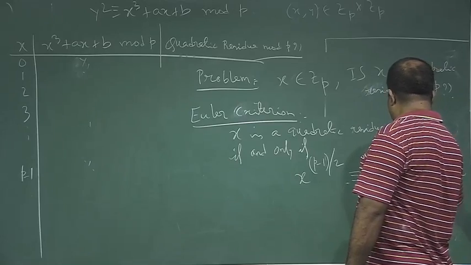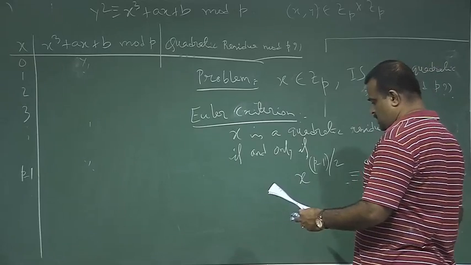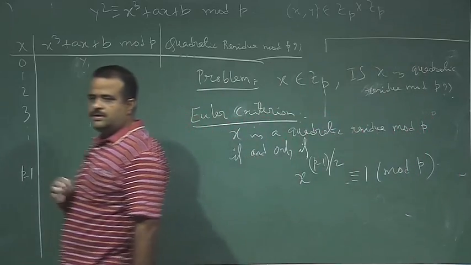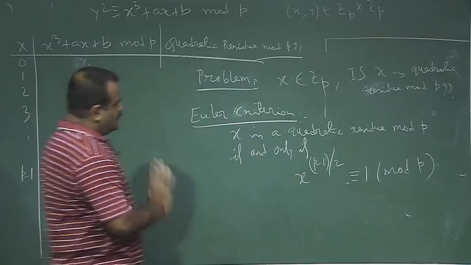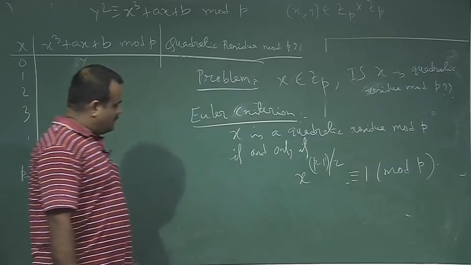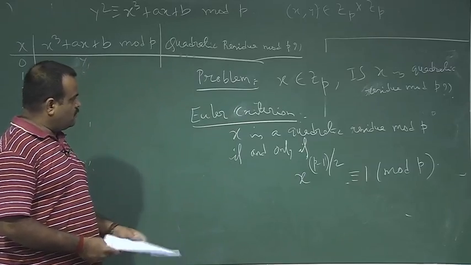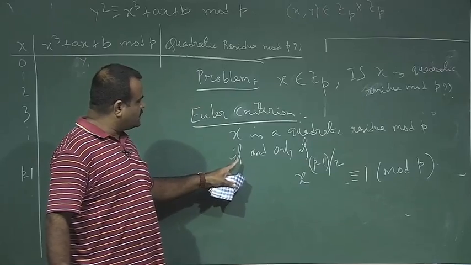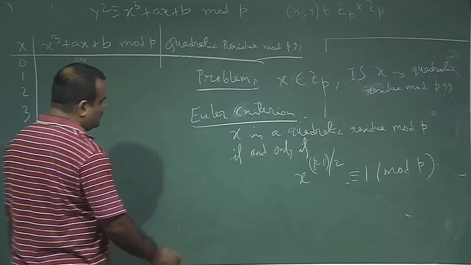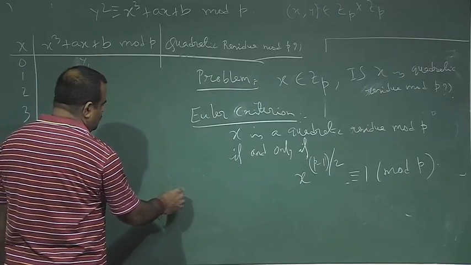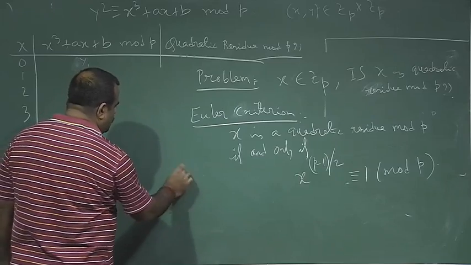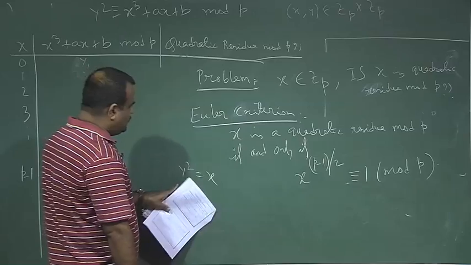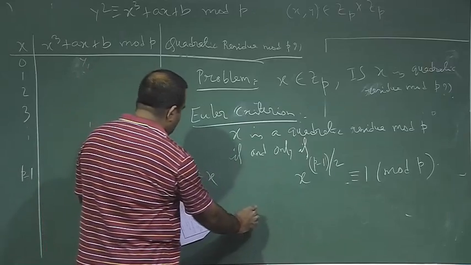The proof of this theorem we have seen. It is not too tough to prove. If we assume x is a quadratic residue, that means there exists a y such that y squared equals x.